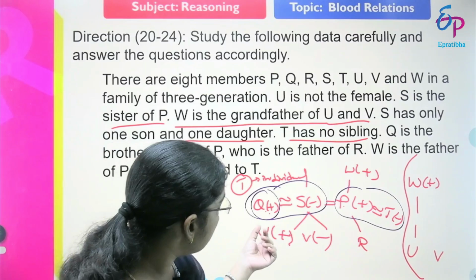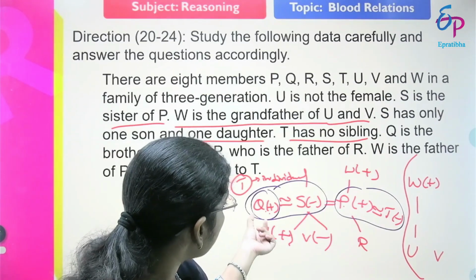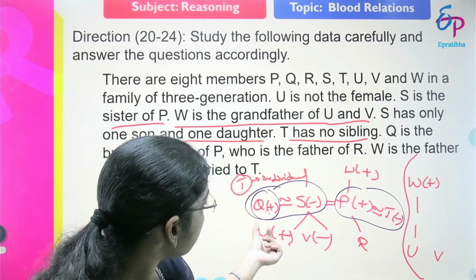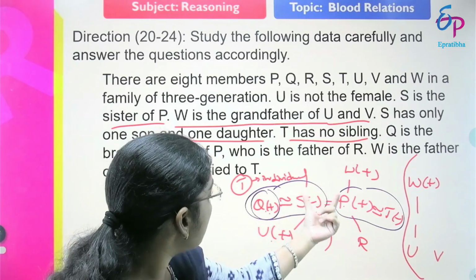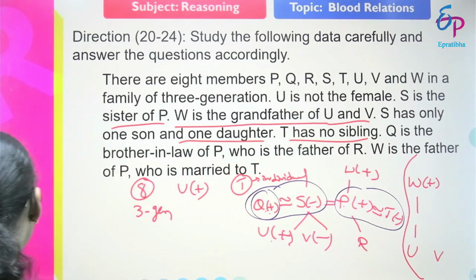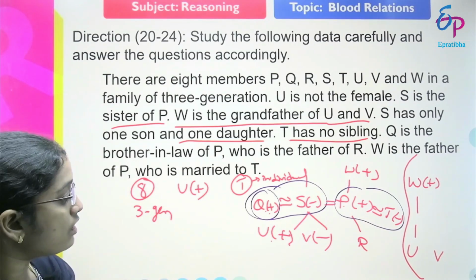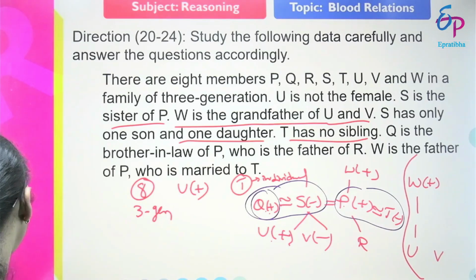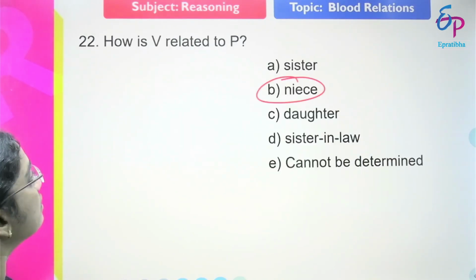Okay, Q's relation is Q is son-in-law of W and Q is father of U and V, right? So Q is a son-in-law of W or Q is father of U and V. Okay, we need to check in that way.